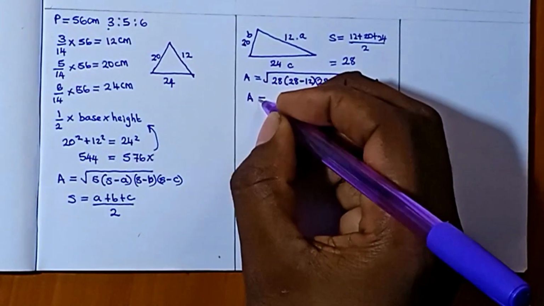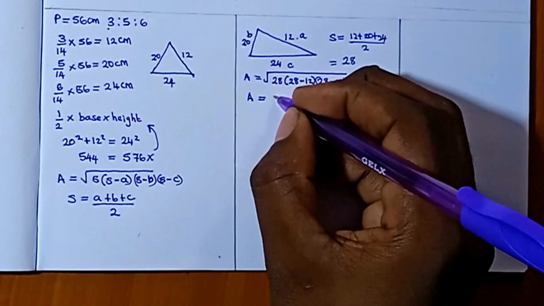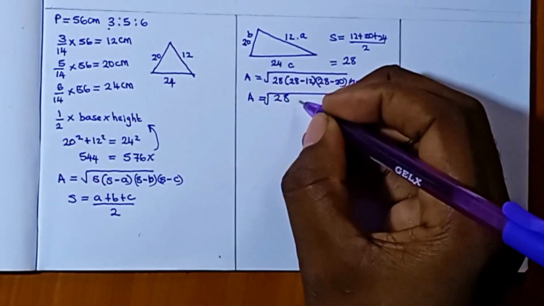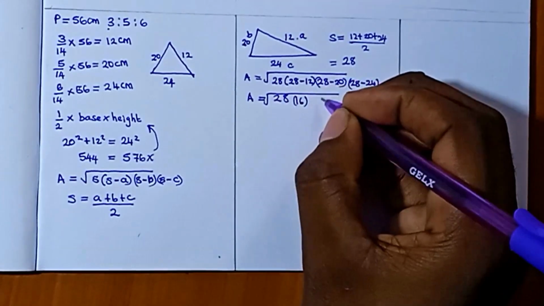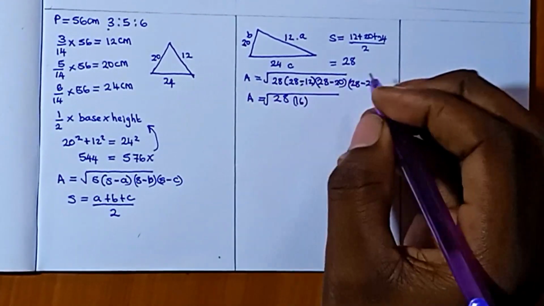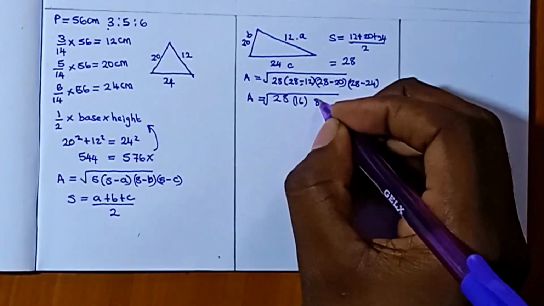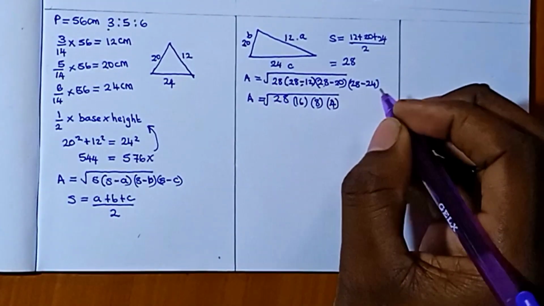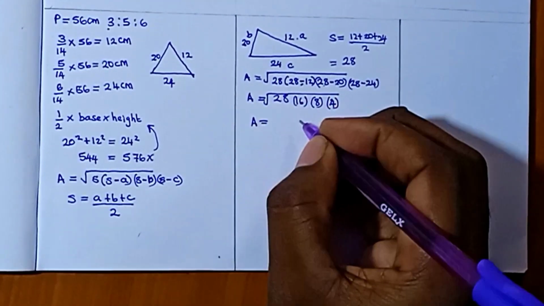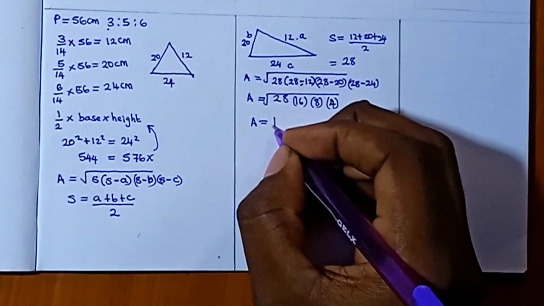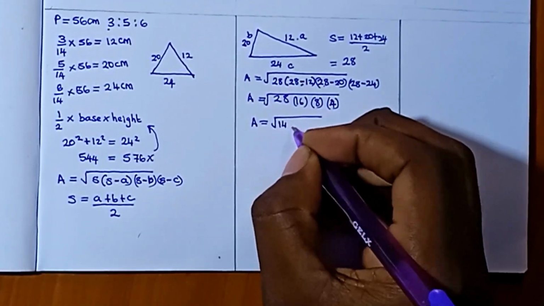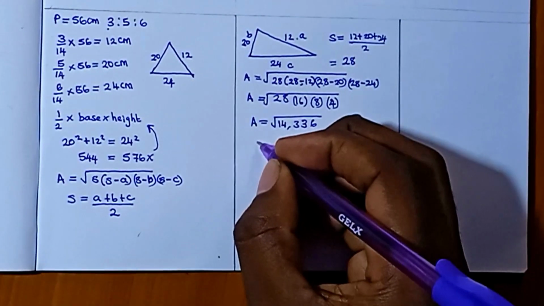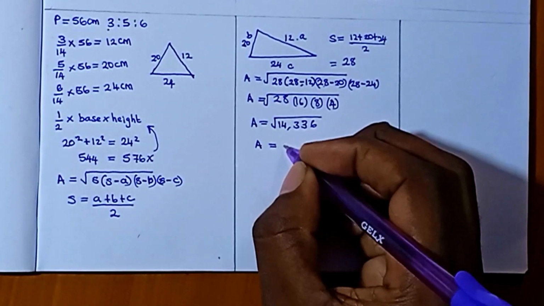So that is the square root of 28 times 16, and when we subtract here we get 8, and when we subtract here we get 4. So the area is equal to the square root of 14,336.